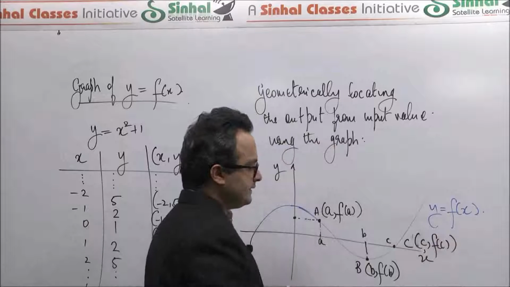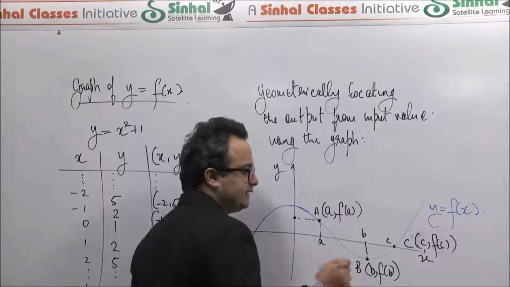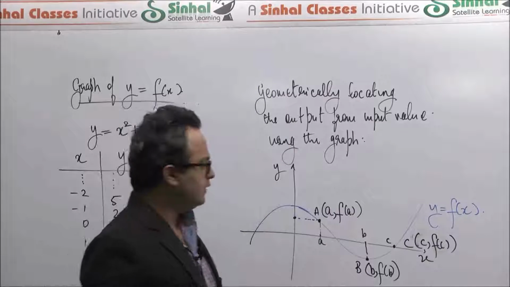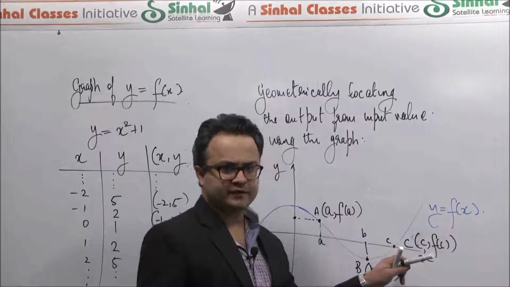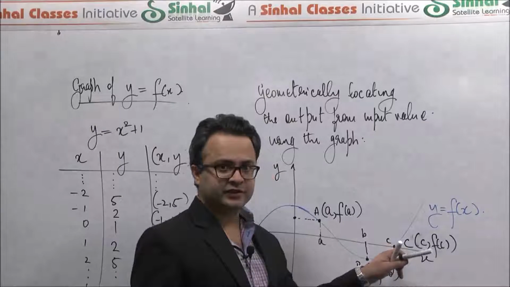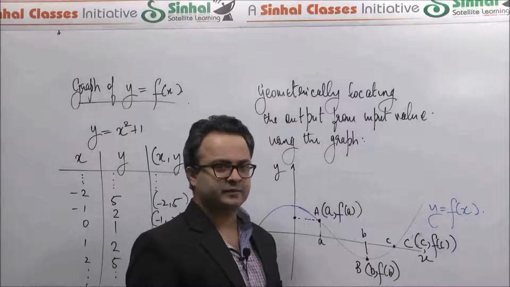In this case, clearly, since this point is on the x-axis, the y-coordinate of this point must be 0. But the y-coordinate of this point should have been f of c. So that obviously means that the function value at c in this case is turning out to be 0.